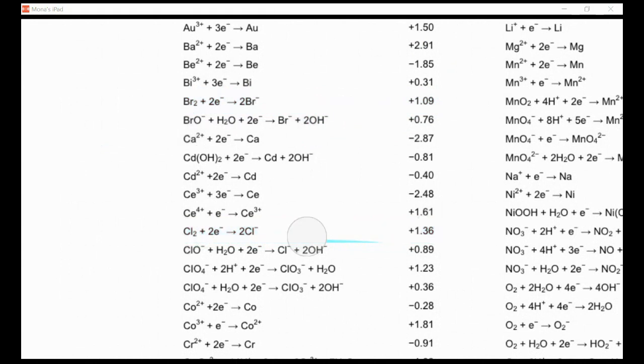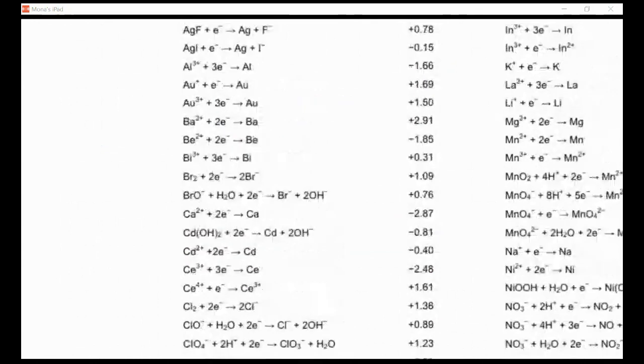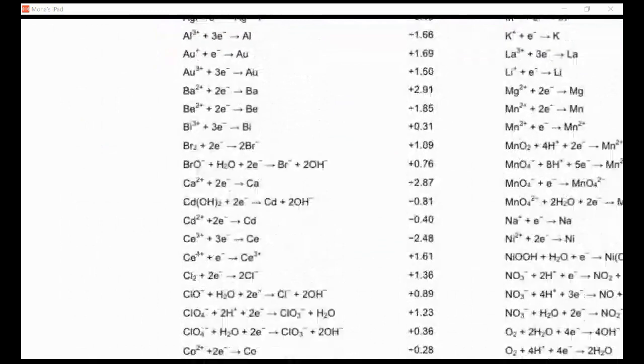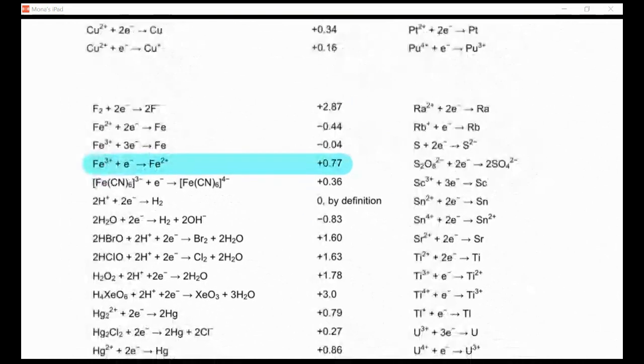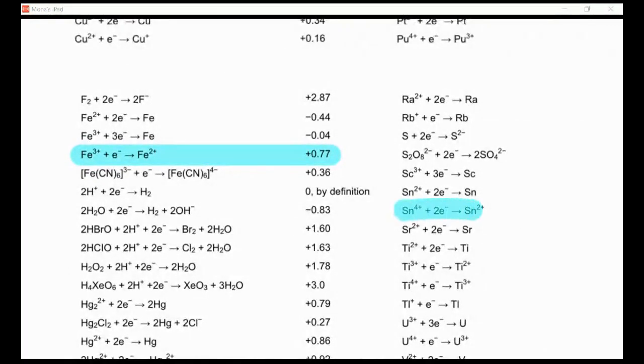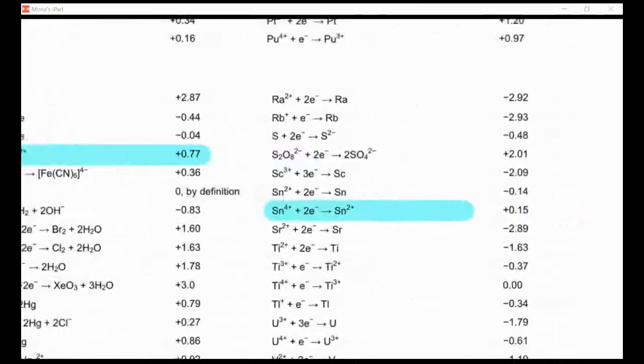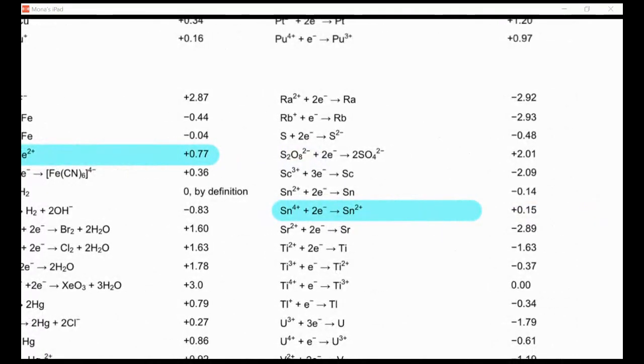Now what we need is N. Let's go first to Fe3+, Fe2+. This is the reaction that I have here. And I also have Sn4+, Sn2+. Of course, I will have to move it until there.